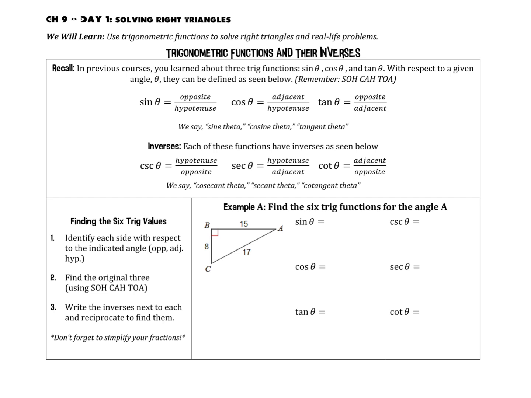So in geometry, you learn about sine, cosine, and tangent, and how we can find sine, cosine, and tangent based on different side lengths of a right triangle. If we have a right triangle and a given angle, theta, we can identify which side is opposite, which side is adjacent, and which side is the hypotenuse.